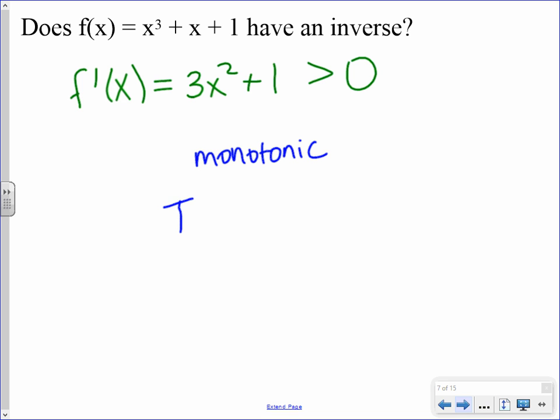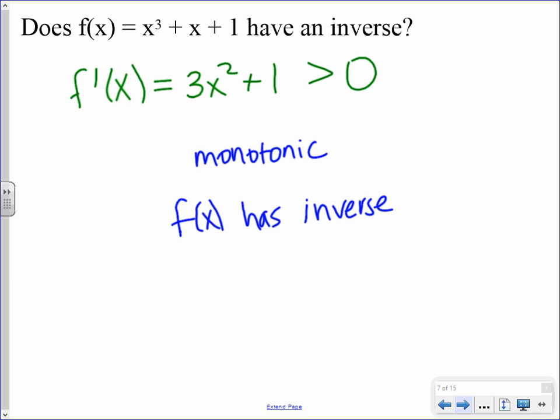So f of x has an inverse. I'll just have you set it right here for now.